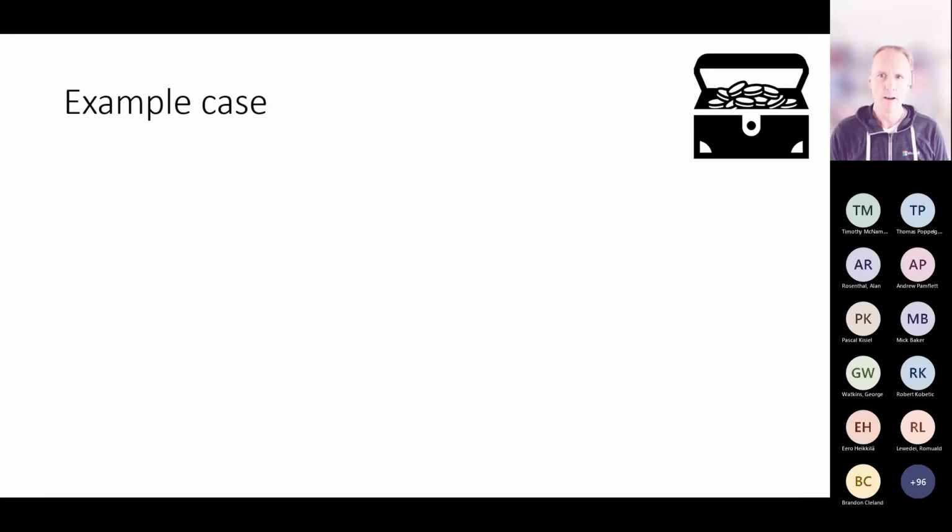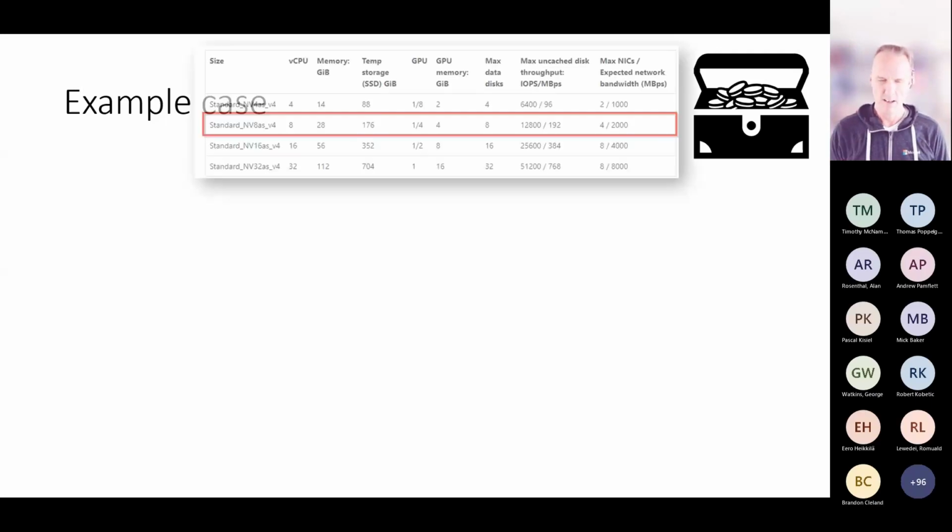And then if we quickly go over an example case, and I'll say it in capital letters: it's an example case, but it's not really about the exact euro amount in this case. It's more about the mindset. And so the example here is that we have an engineering workload that in this case requires a VM that has 8 vCPUs and 28 gigs of RAM, and all these other system requirements.